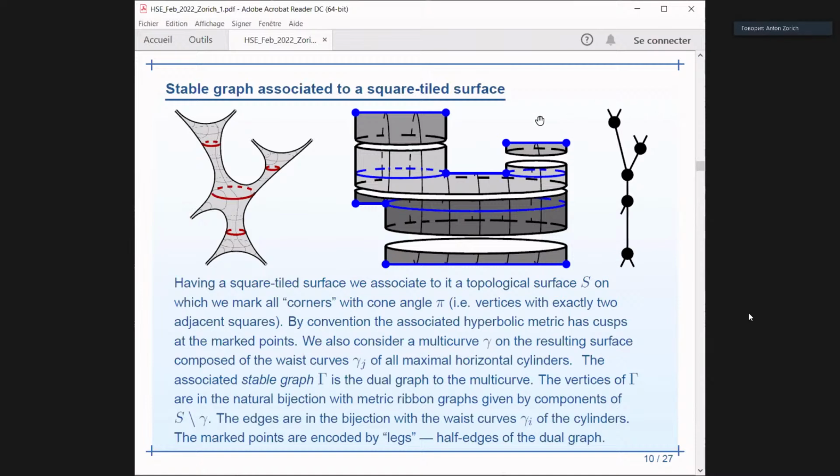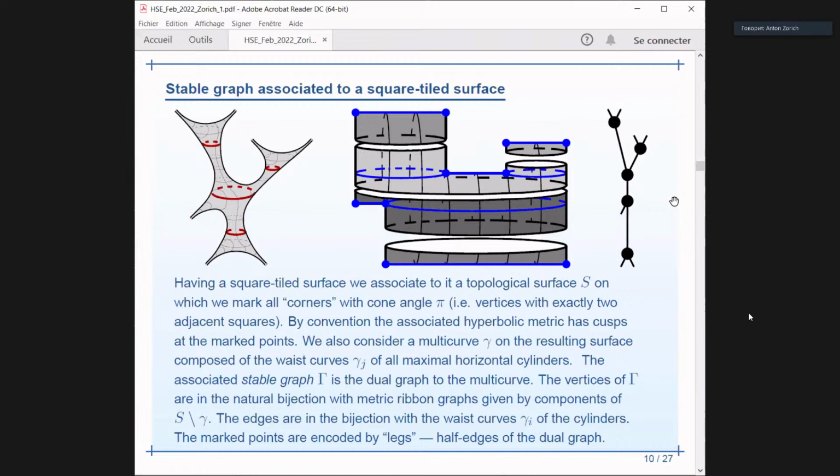In terms of the square tile surface, the vertices of the stable graph correspond to the critical levels, and the edges encode cylinders.